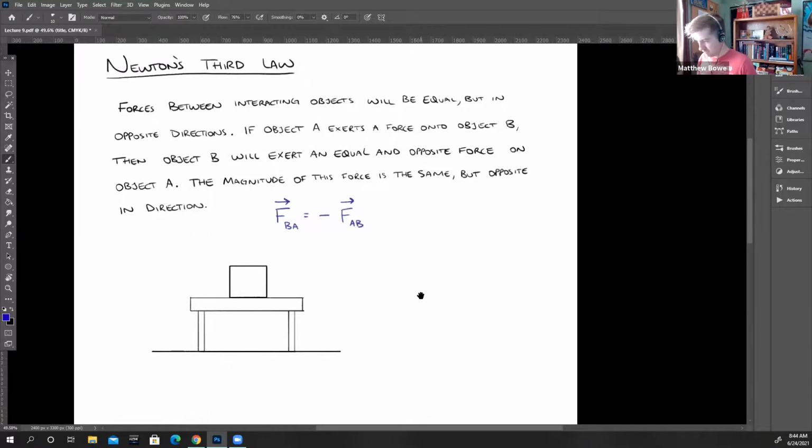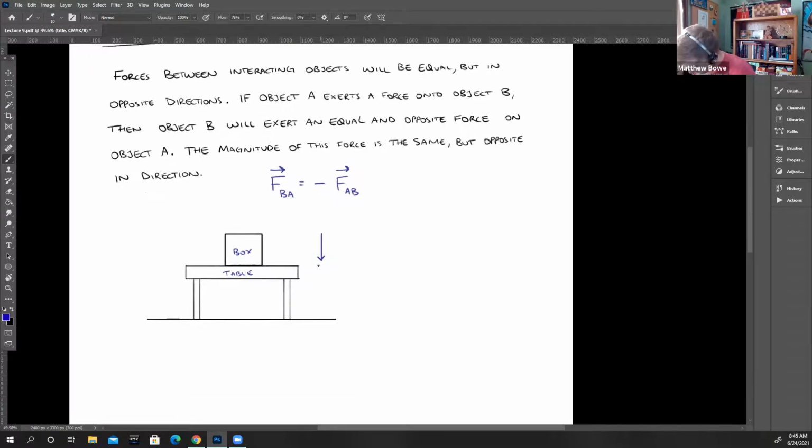So for my little analogy, box and table, the box is making a force downward. This is the force of the box on the table. If I did this with indices, it'd be like F_BT or something.